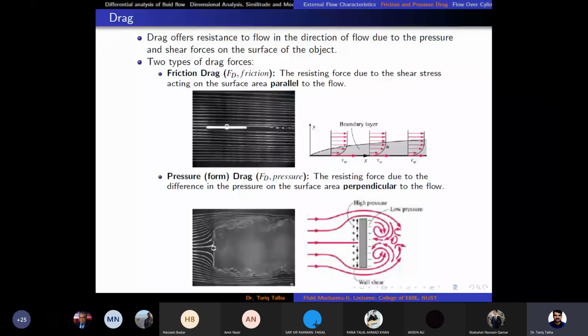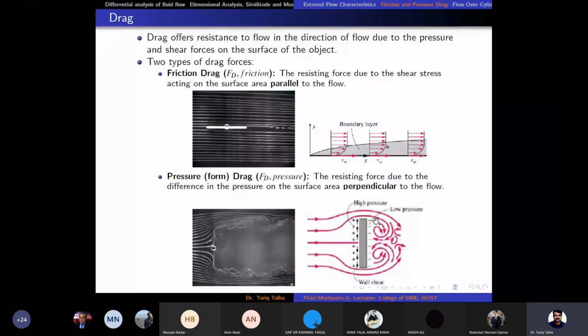Like here, this is a fully blunt body, so it means that this is a flat plate which is perpendicular to the flow direction. Now what happens is that the flow comes here, and because it is a blunt body, the streamline divergence would be very significant, and due to that effect there would be a wake region or flow separation region at the back side, a low pressure region.